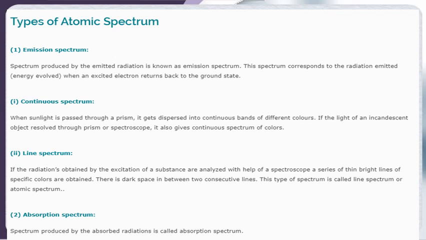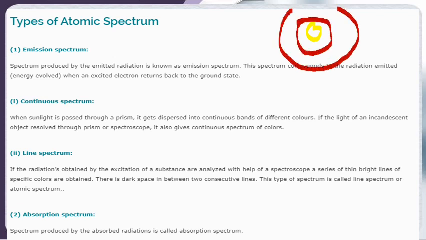Consider an atom that has in the center a nucleus, and there is an outer orbit and another outer orbit, two orbits are there, and there is an electron in the first orbit, right? Suppose this electron is moving to the higher orbit. When it has to move from the lower orbit to the higher orbit, it needs energy.